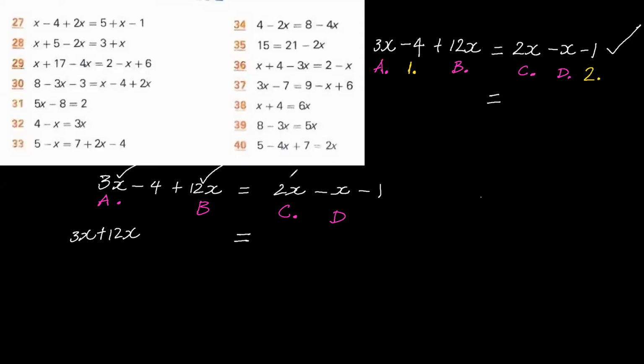When I move this 2x and carry it over on the other side, what does it become? Trinity. When I move the 2x and carry it to the left-hand side, it becomes what, Trinity?